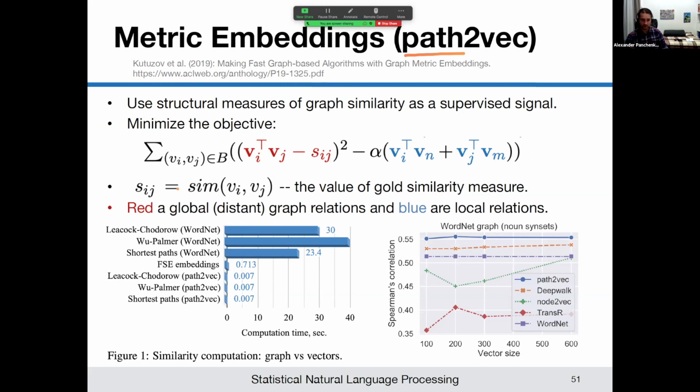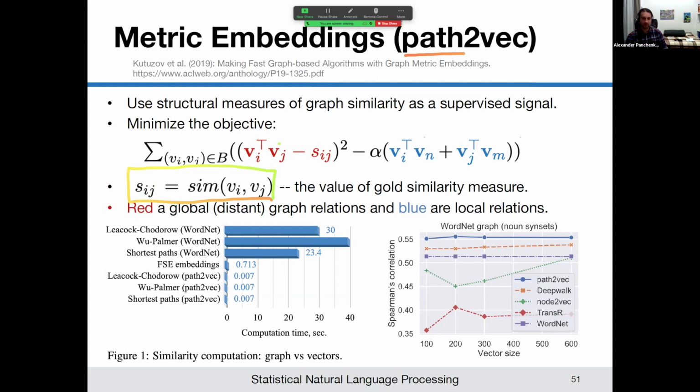What you're going to do, you're going to generate for each pair of nodes some real gold standard value of a target metric. And this might be a real shortest path distance between node E and G. Or it might be a value of another more elaborate metric.